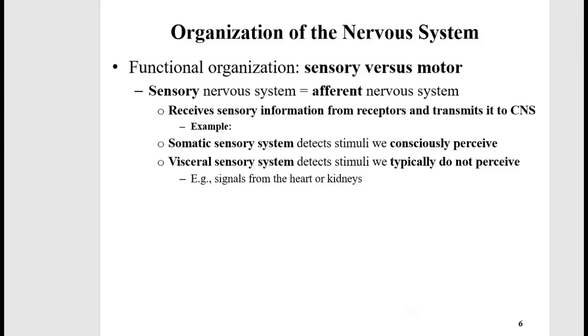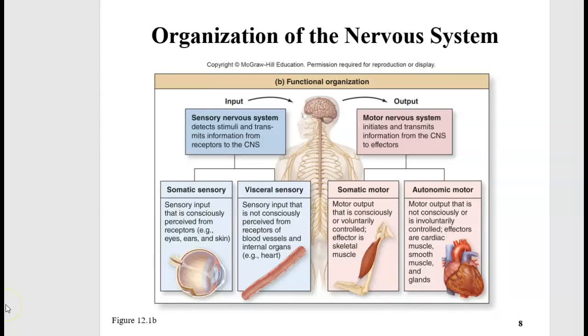Functional organization of the nervous system involves both the sensory nervous system or afferent nervous system and the motor nervous system. The somatic sensory neurons carry information into the central nervous system from the eyes and the ears and the skin. The visceral sensory input will come from blood vessels and internal organs.